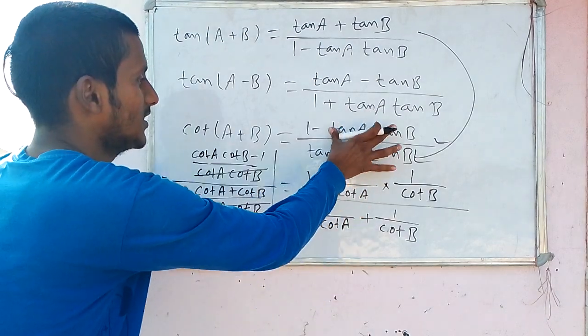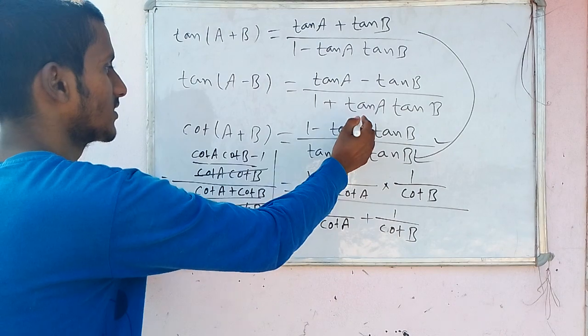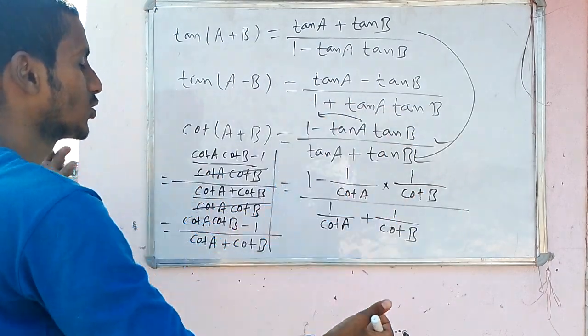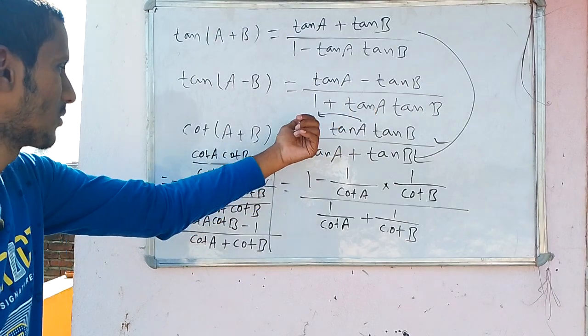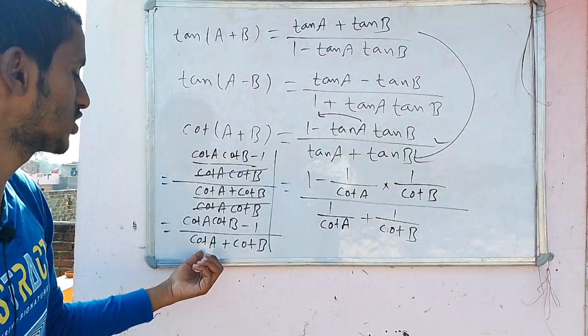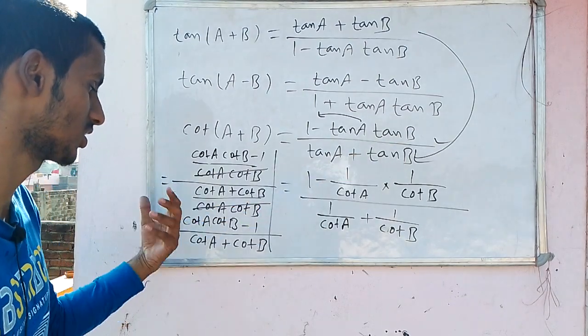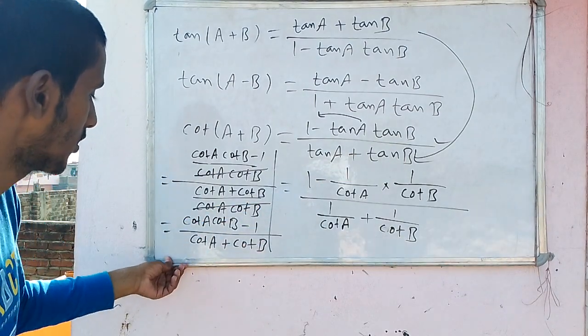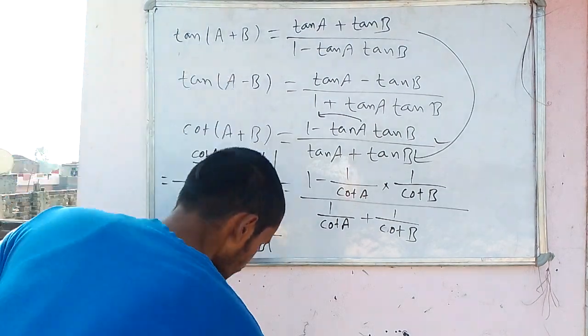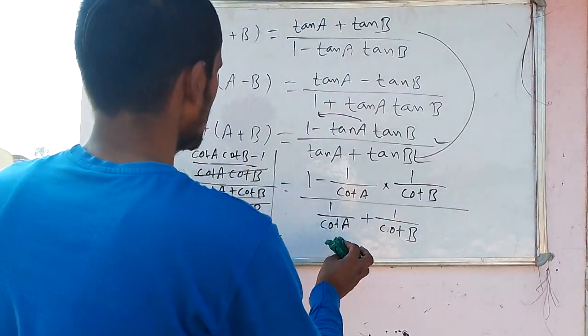So these two become cotangent, and this gets on that side and this one gets on that side, and the signs also flip. This becomes positive, this becomes negative, and then divide by cotangent A, cotangent B. So tangent becomes cotangent. You can think of it this way as a trick to memorize this.